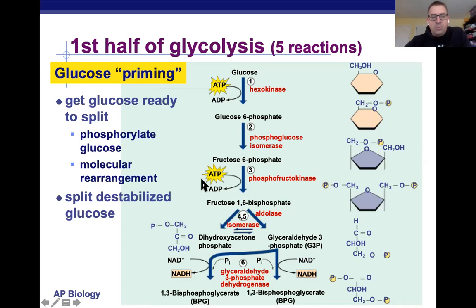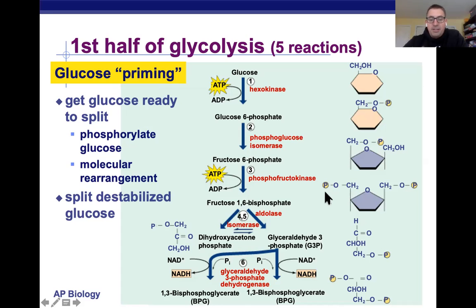So in this first half of glycolysis, these first 5 reactions, the addition of these phosphate groups serves to make these organic compounds much less stable and much more reactive, so they will split much easier. This destabilized glucose, now in the form of fructose 1,6-bisphosphate, has a lot more stored potential energy than glucose does because it has these additional phosphate groups on it.